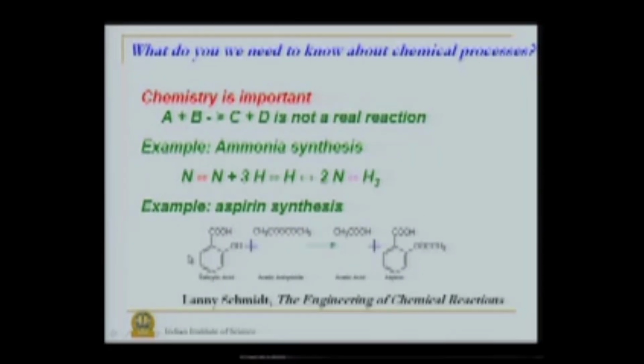So, there is a lot of chemical rearrangement, breaking of bonds, formation of bonds, and we should keep focus on this aspect, that is chemistry is important. Okay. So, that is the first thing that we should worry about.